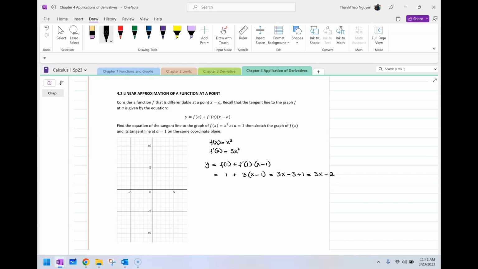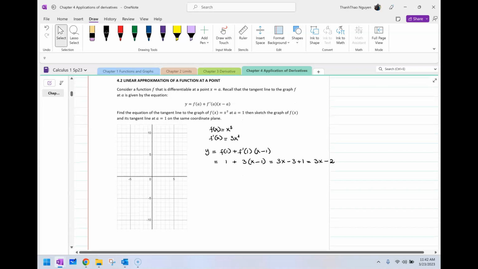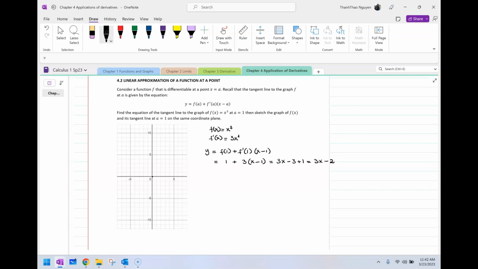So let's graph the function f of x equals x to the third and the tangent line on the same coordinate plane. For x to the third, go to the points 0, 0; 1, 1; 2, 8; and negative 2, negative 8.